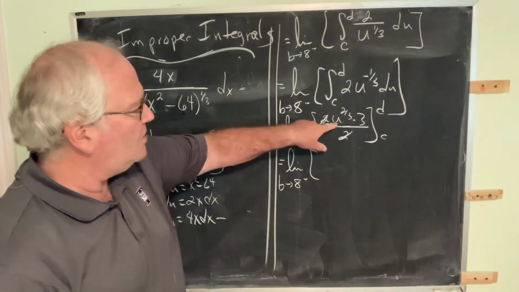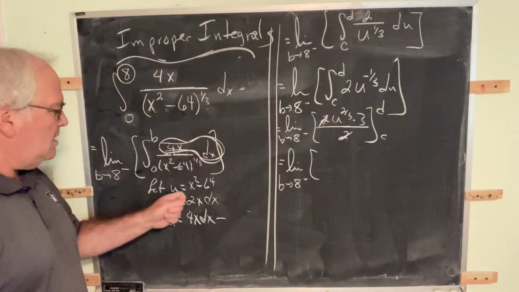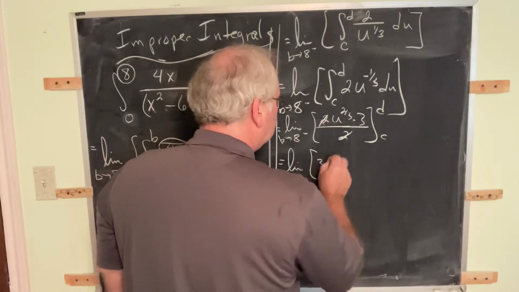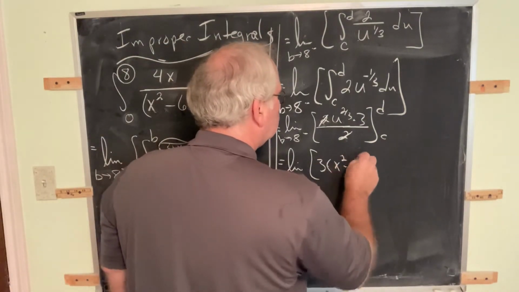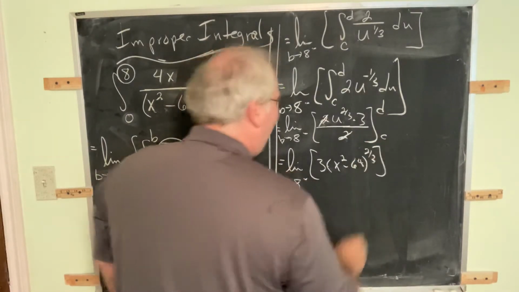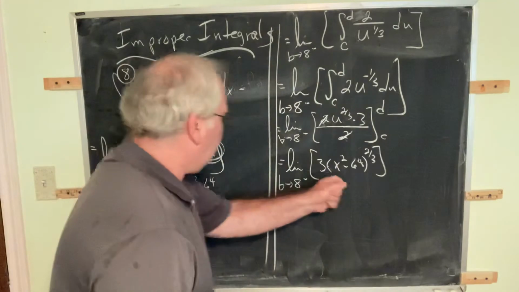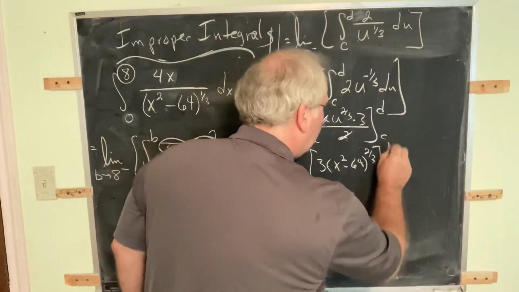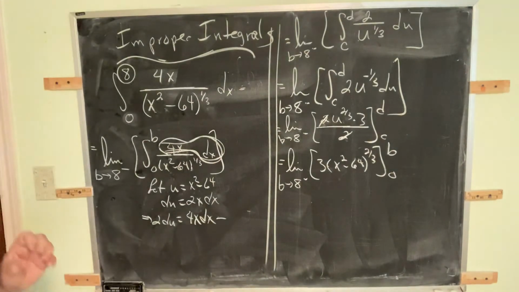If I go back to the original variable, u is x squared minus 64, to the 2/3 power. But now I've gone back to the original variable, which means we may go back to the original limits. The devil's in the details, and this is loaded with details, but it's not brutally challenging. Keep your wits about you.